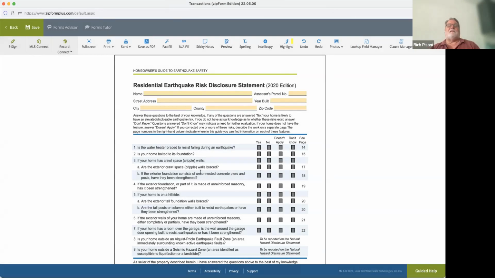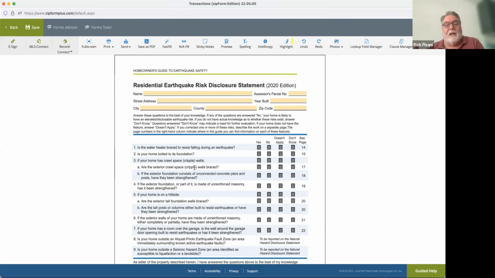5 of 6 is this form, the residential earthquake risk disclosure statement. And this is required on a property that is built 1960 or earlier. So if it's 1961 on, you don't need this form.